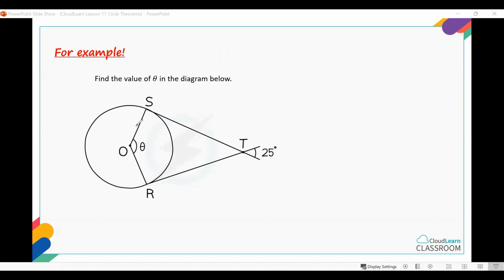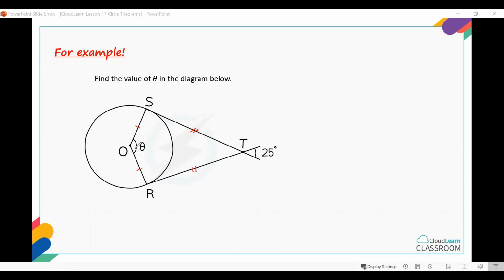My hint number one was always put marks on the radiuses to tell yourself that they are equal length, okay? You could also put marks on these tangents to tell yourself that they are equal length, okay? I've done both of those before I've even really read the question, just because they might be useful. For this particular question, we're looking for the value of theta. So we're looking for the value of this angle here, okay?